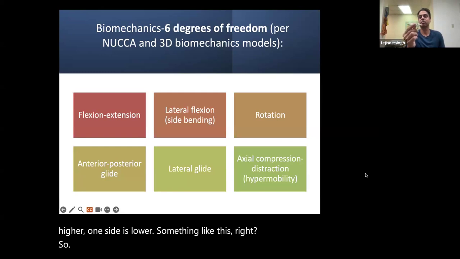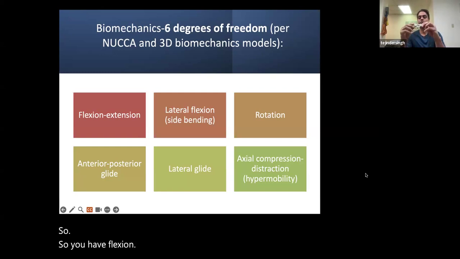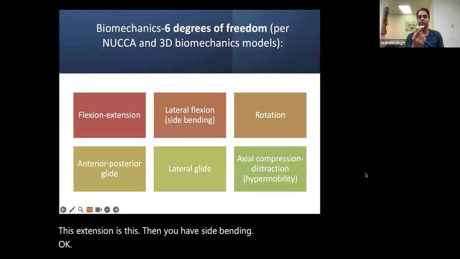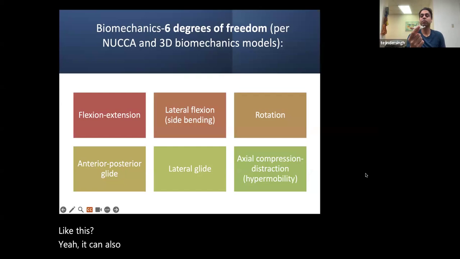So you have flexion, which is this, extension is this, then you have side bending. It can also rotate like this. It can also glide anteriorly, or it can glide posteriorly.